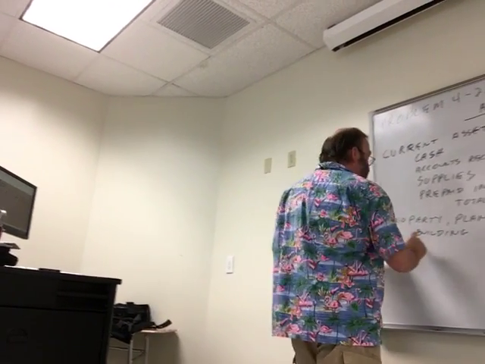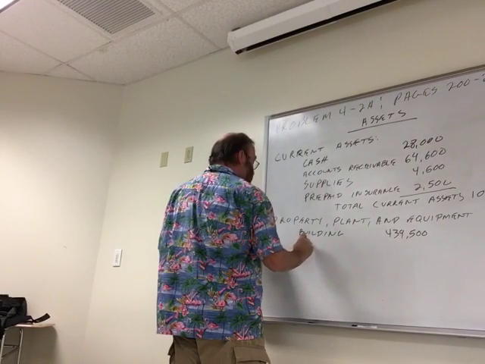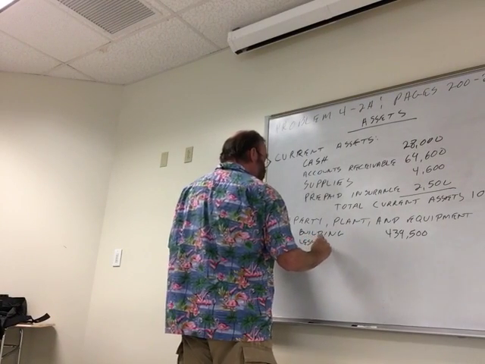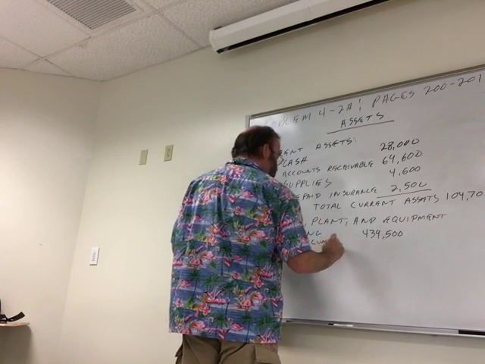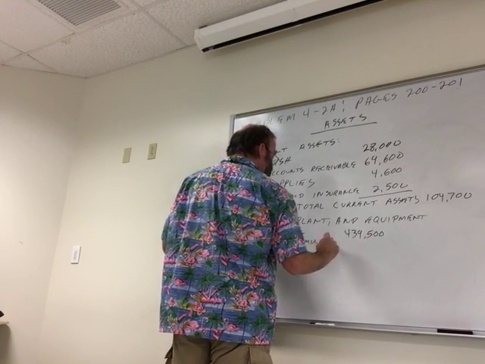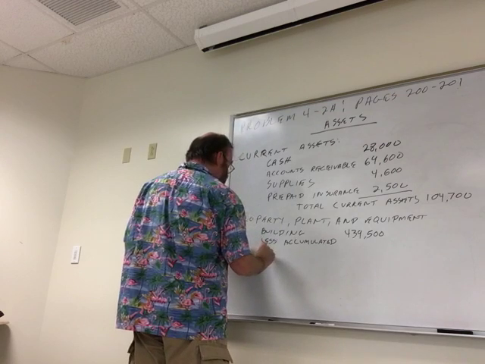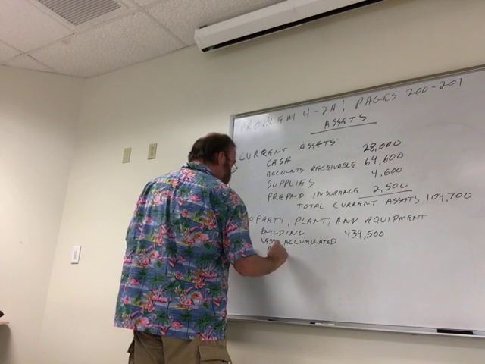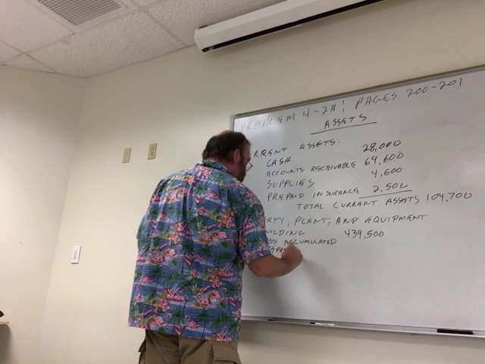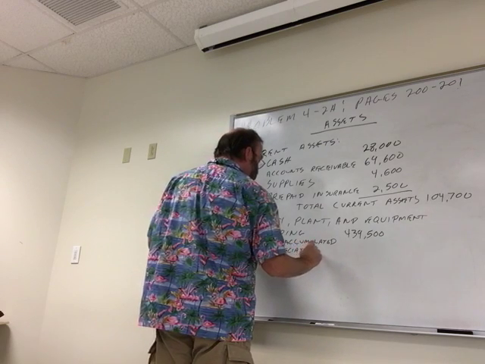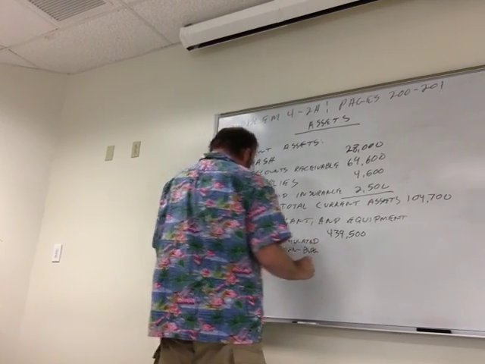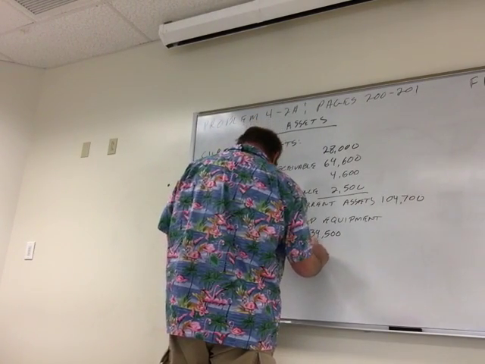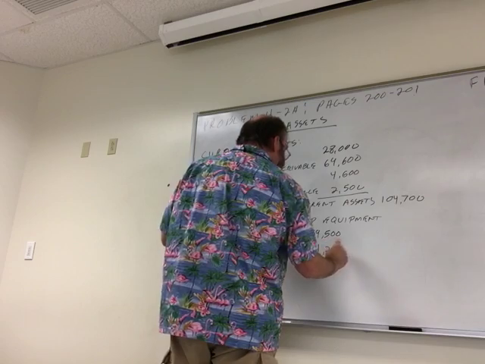$439,500 worth of building. From that, you're going to subtract less accumulated depreciation on the building. And that's $44,200.